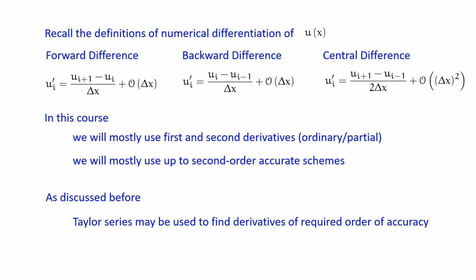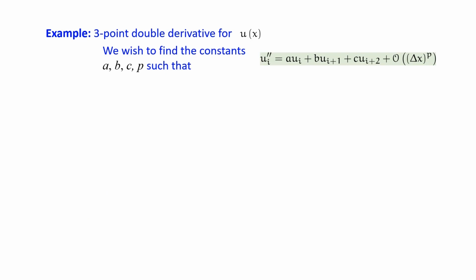We'll illustrate this taking one example. Let us say we want to generate the double derivative of u using 3 points u_i, u_{i+1} and u_{i+2}. Remember that we have generated the double derivative of u based on u_i, u_{i-1} and u_{i+1}.